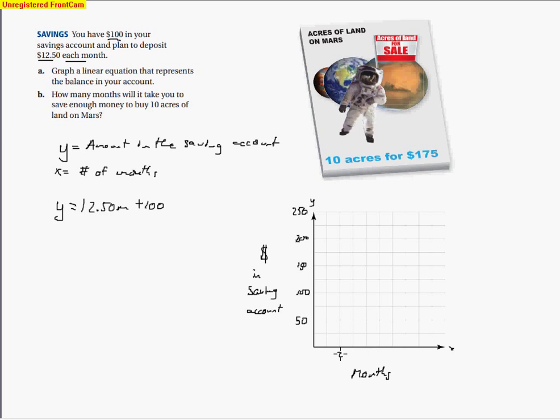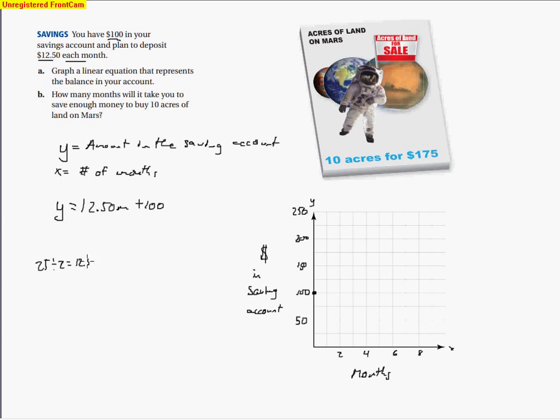And I'll go by ones here, so this is 2, 4, 6, 8. So one space is 1 month, 2 spaces, 2 months. And so I started at $100. So my initial point is right there at $100, and then I'm going up $12.50 each month. So remember, this is 25 right here. Half of 25, if I divided 25 by 2, I get $12.50.